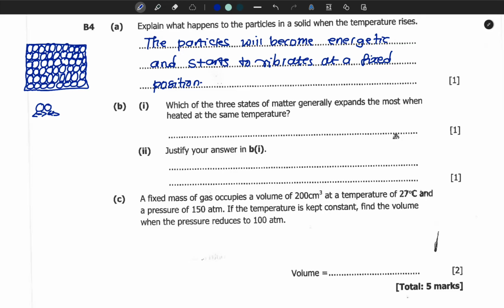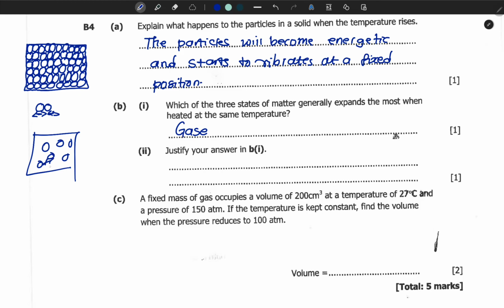So let's have question B1. Which of the three states of matter generally expands the most when heated at the same temperature? So we are going to have gases, because in a gas we know that the particles are spaced out.